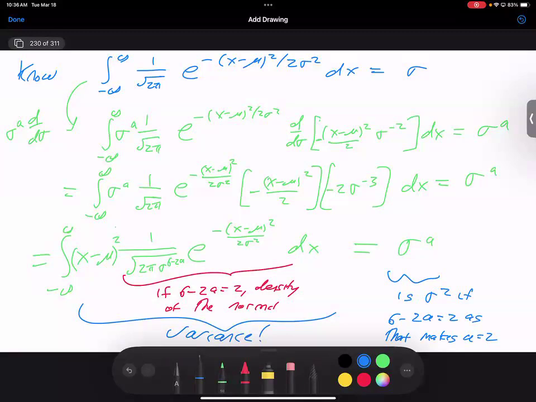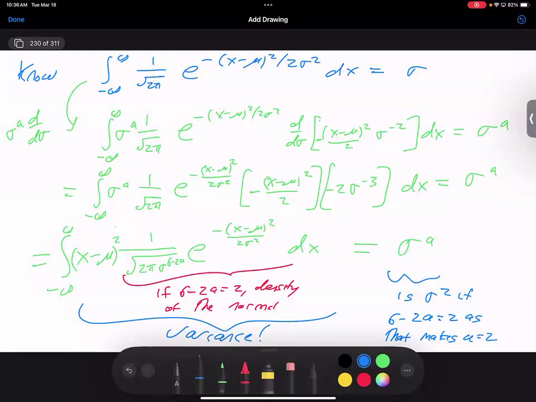So I wanted to regain the density of the normal. To regain the density of the normal, I need a 1 over square root of 2 pi sigma squared. I had the 1 over square root of 2 pi. I needed the sigma squared inside that down below.